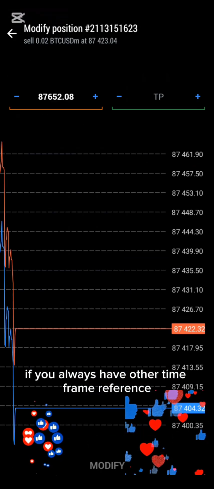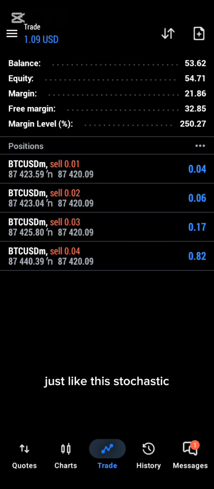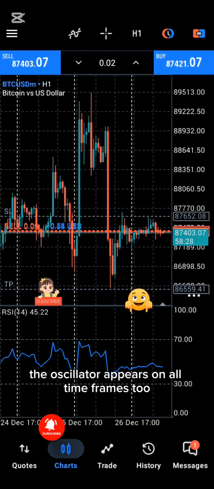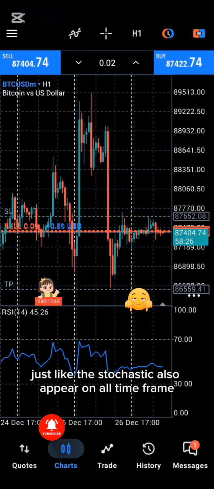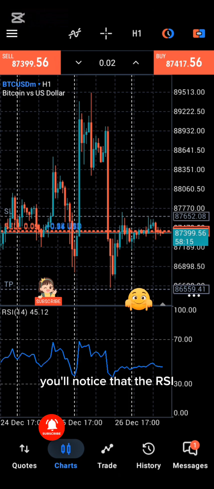Just like the stochastic, the oscillator appears on all time frames too.